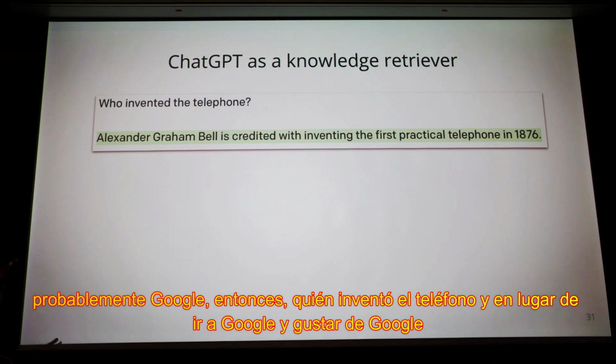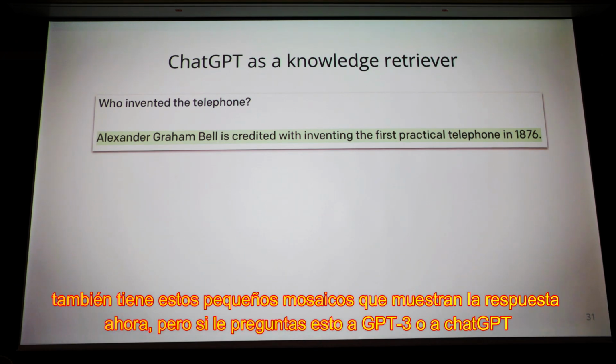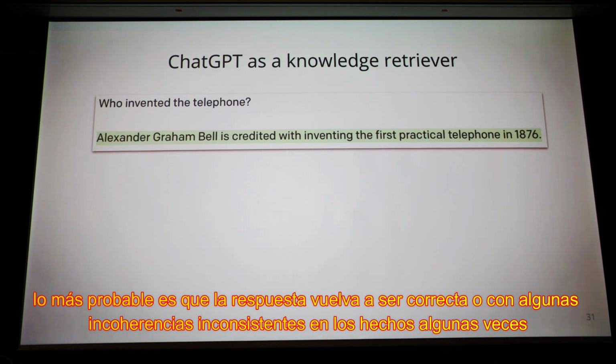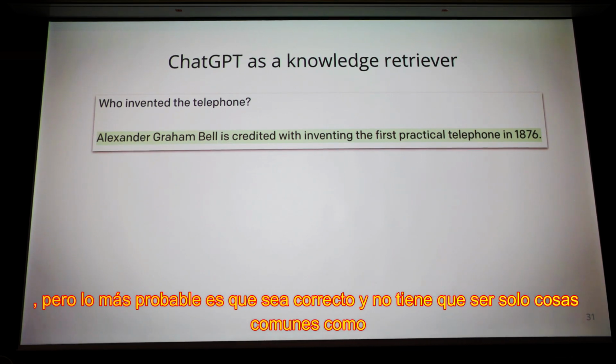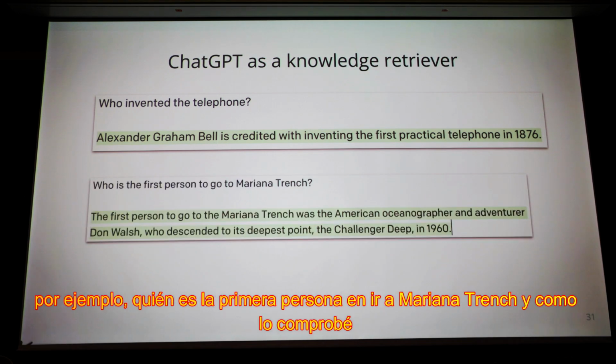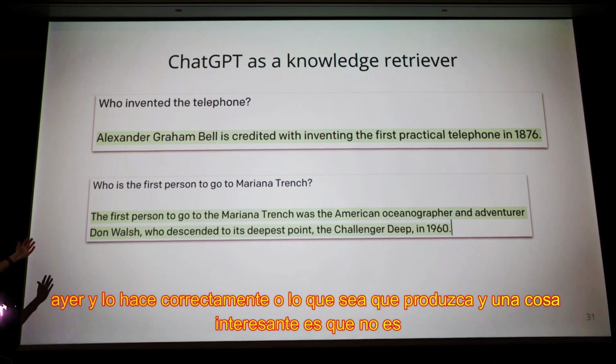Rather than going to Google, and Google also has these small tiles which show the answer now, if you ask this to GPT-3 or ChatGPT, the answer will most likely be correct. Again, there are some factual inconsistencies sometimes, but it's most likely going to be correct. And it doesn't have to be only common things, for example, who's the first person to go to the Mariana Trench? I checked this yesterday and it gets it correct, right?